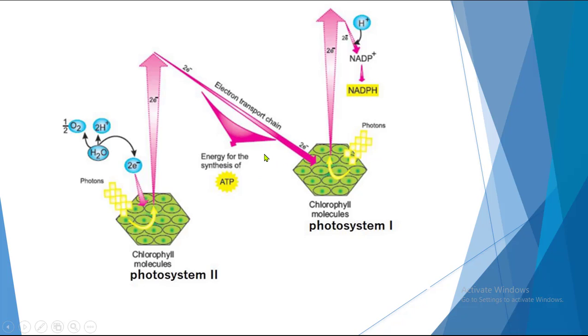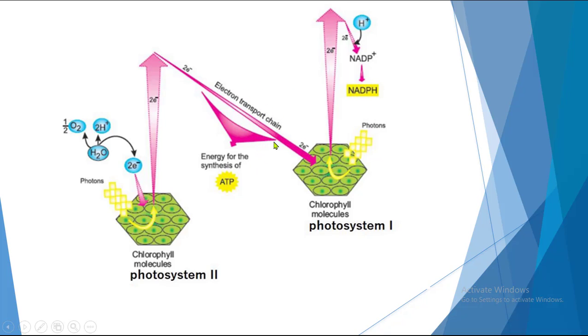The mechanism is quite detailed. You don't need to go into that detail, but I will mention that when these electrons are moving down the electron transport chain, which is also present in the thylakoid membrane, hydrogen ions are moved into the thylakoid lumen from the stroma.